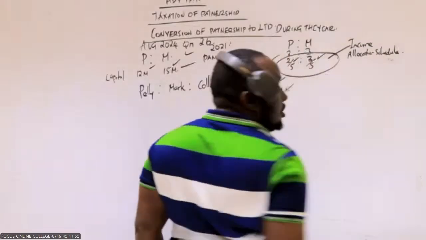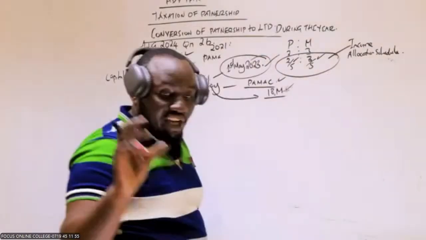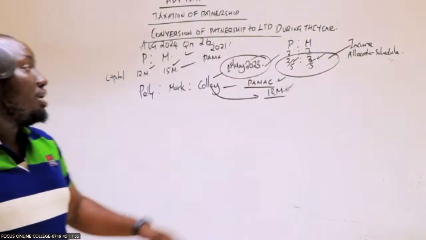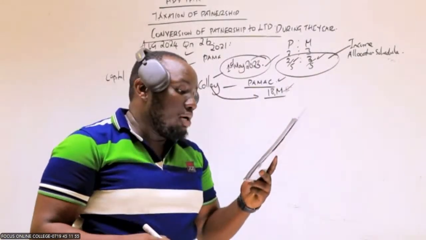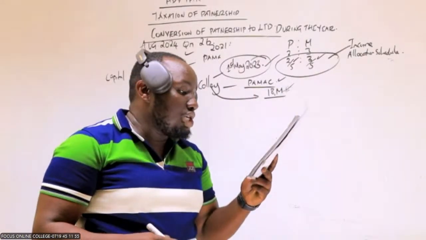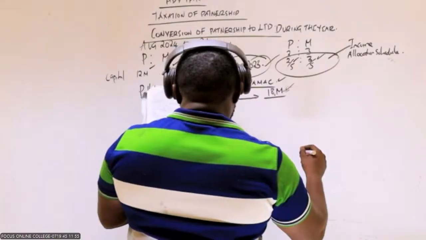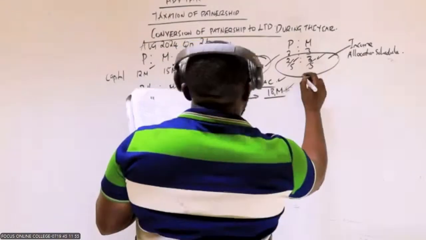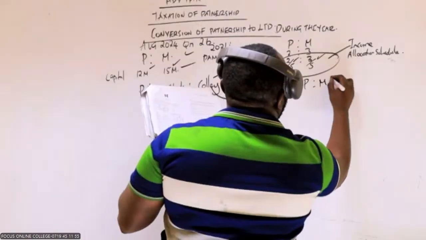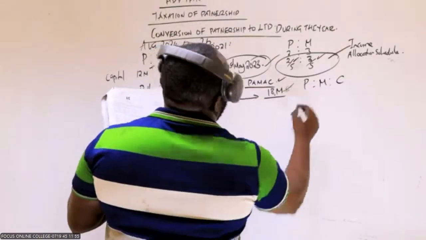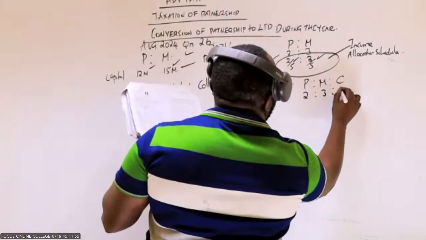This information will assist us for the first 4 months when we are distributing income, because they were alone then. However, with the introduction of Colney, they revised the profit sharing ratio. We have Peli, Mark, and then Colney. The sharing ratio now became 2:3:4.